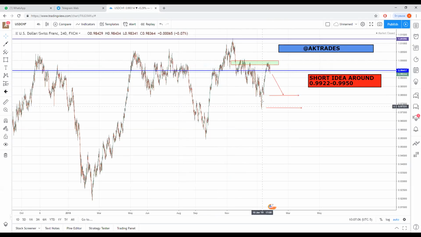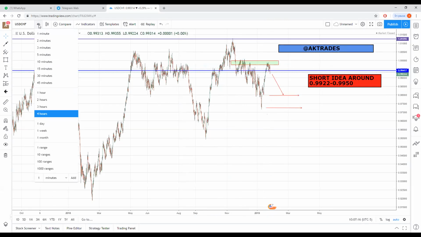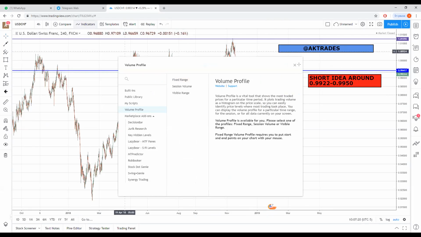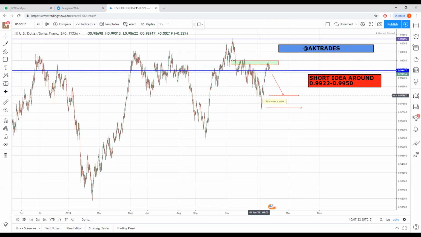Currently we are seeing prices going up, doing a pullback around this area. If you want to see what happened, let's see how volumes behave before this down move, so around this accumulation. It's a rather short accumulation, but a good one nonetheless.